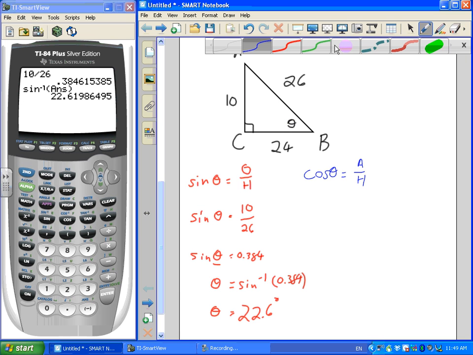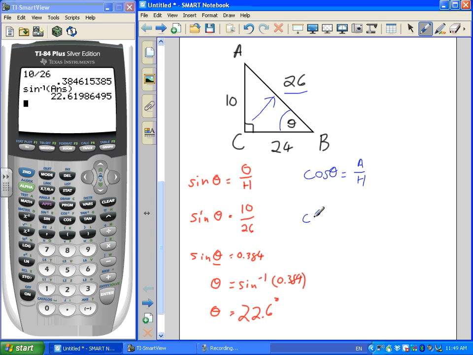Now, cosine theta. I'm working with the exact same angle. So I need to figure out what my adjacent is and what my hypotenuse is. First of all, which is my hypotenuse? Yeah, always opposite the right angle, always the longest side. So I'll be replacing my H with 26 once again.